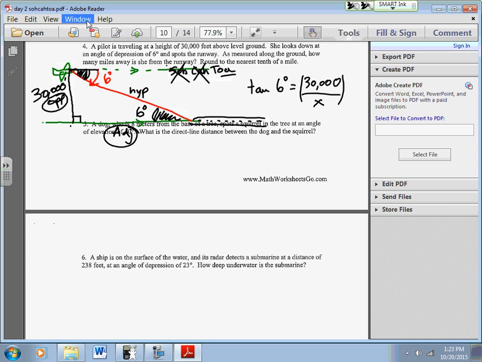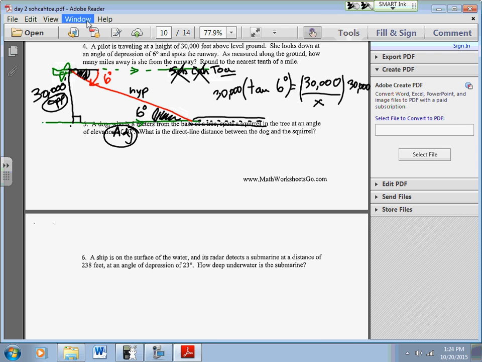Now, to solve this for x, everybody eyes up here. If I multiply everything by 30,000, you notice that the x is on the denominator of that fraction right there? If I do that, I'm going to get a really big number, and I'm just going to have a bigger number over x. And you still haven't gotten x by itself. 30,000 only cancels out with the 30,000 on the bottom.